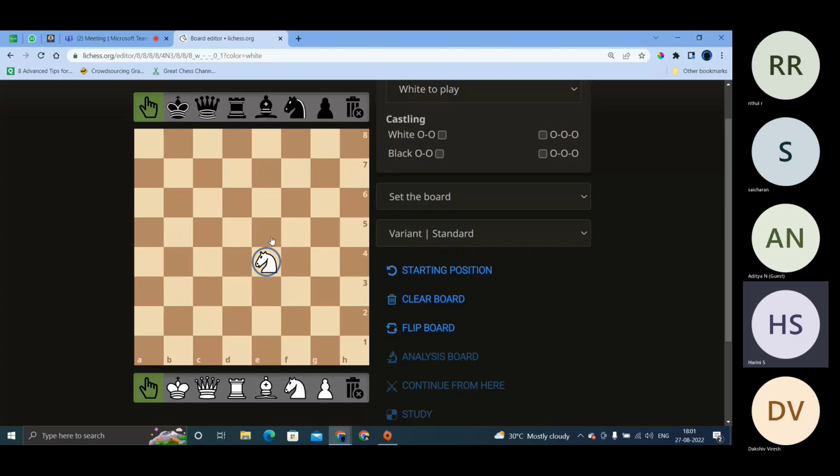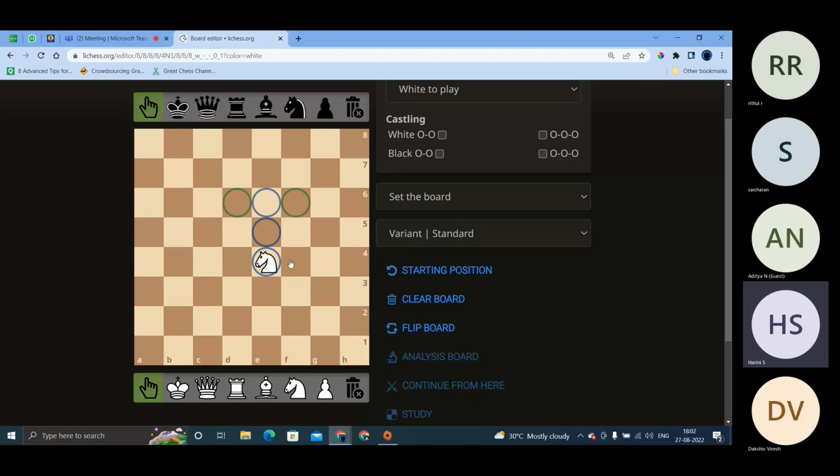I will show you. It will move two steps in the same direction, take a turn and land here, or it can move two steps in the same direction and land here. So this is on one side.